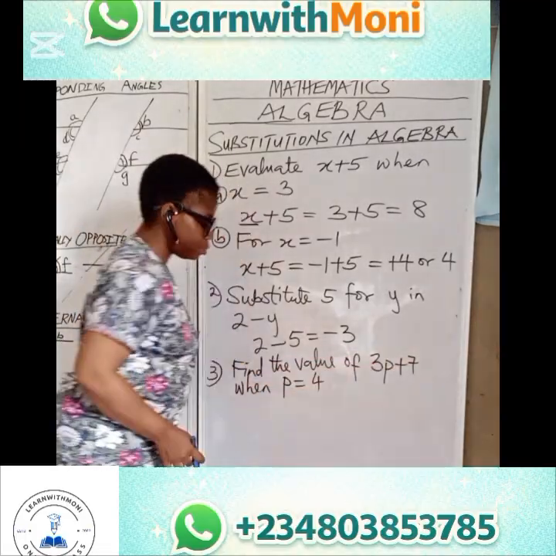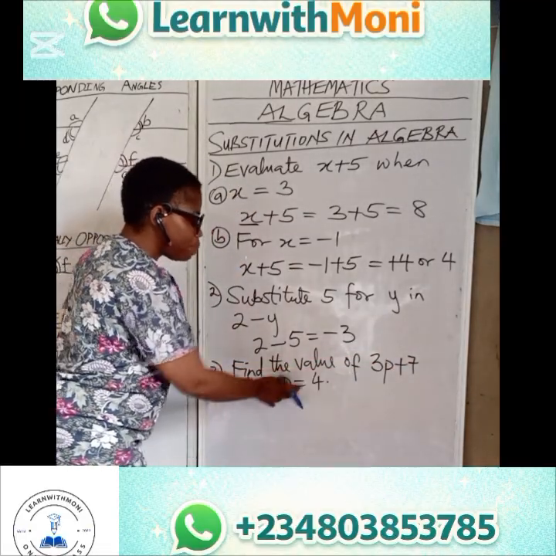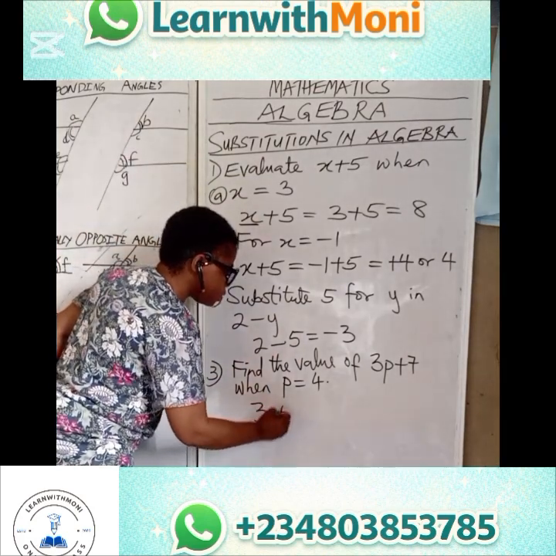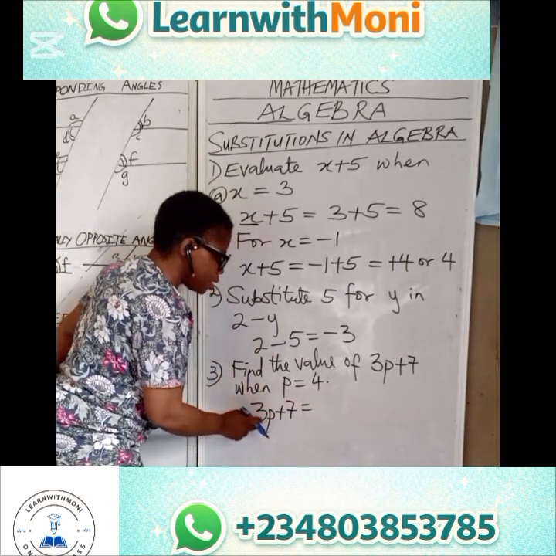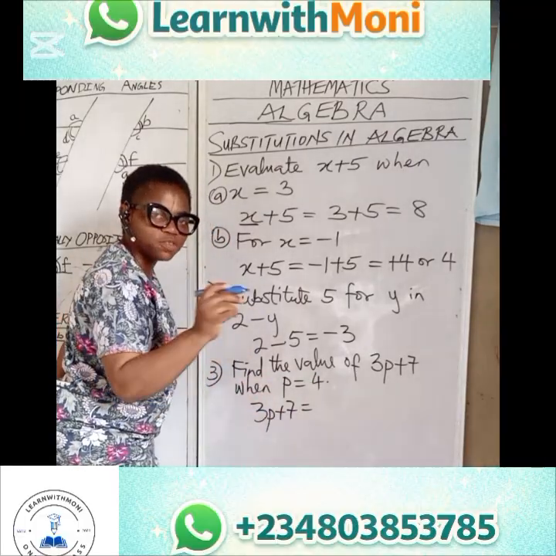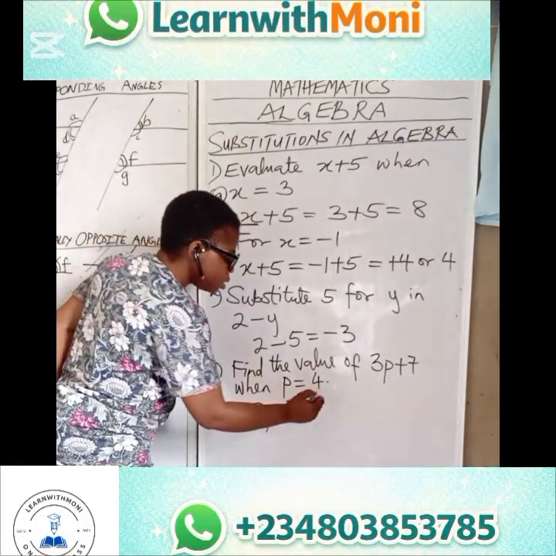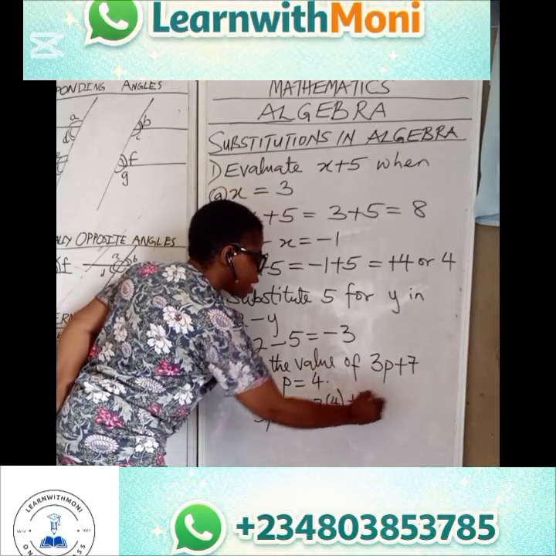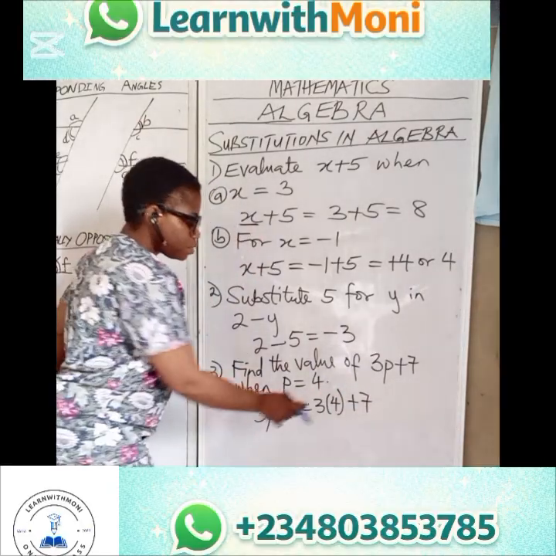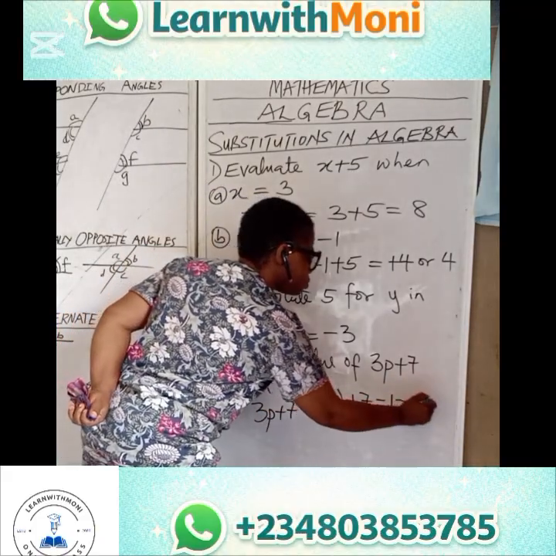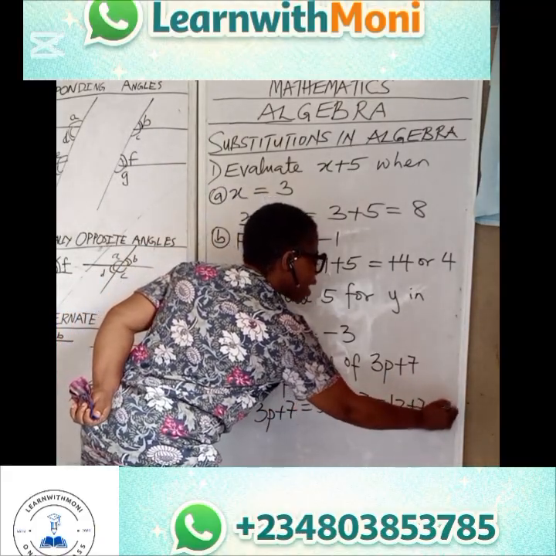That means I have 3p plus 7. Anywhere I see p, I replace it with 4. 3p means 3 times p. So that is going to be 3 times 4 plus 7. 3 times 4 is 12. 12 plus 7, that is giving us 19.